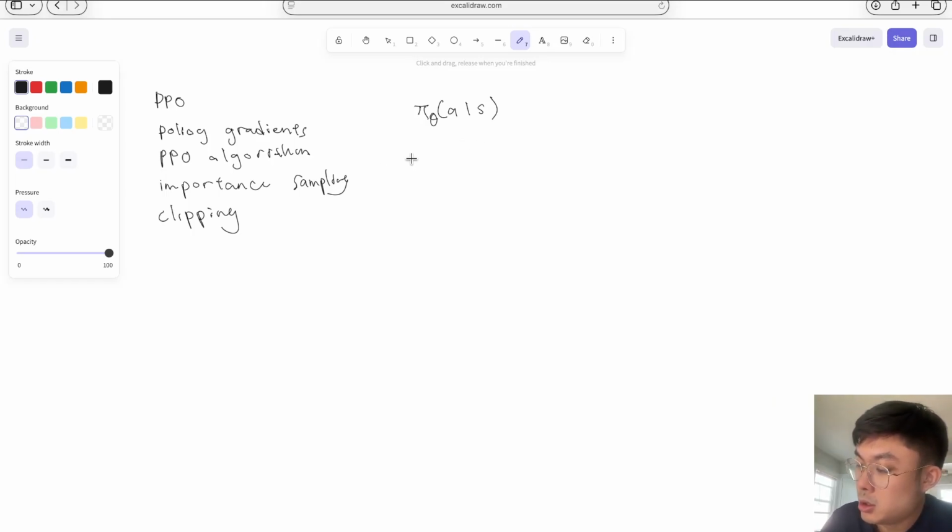So you can think of the gradient as some expectation of the policy gradient.